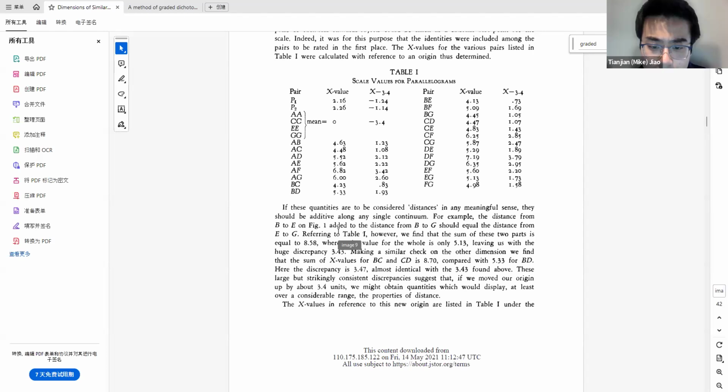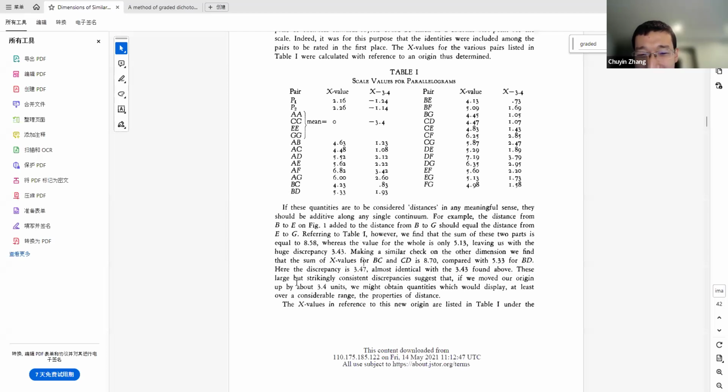If you are asking whether they can justify this 3.43, I don't think they have a specific justification.